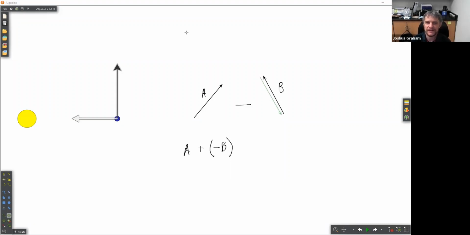That green vector right there would be considered the negative of vector B. So I would add vector A to the negative of vector B, line it up, and do the same thing, tip to tail. And so the vector difference between vector A and vector B would be this vector. We have to understand that in order to determine the direction of the acceleration of the object.